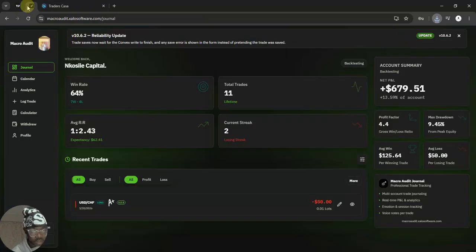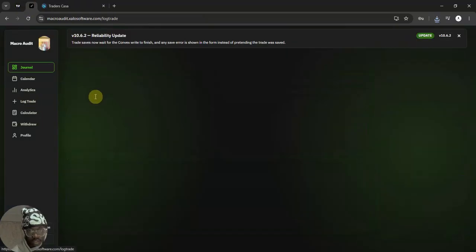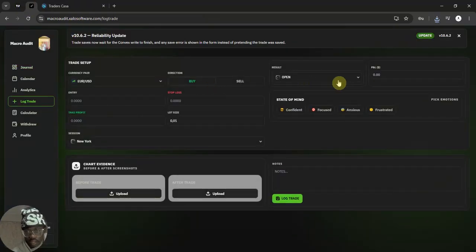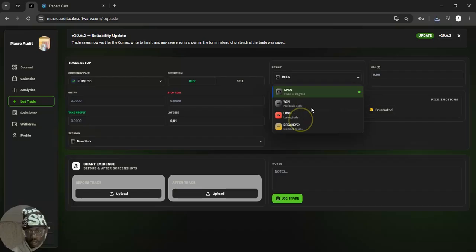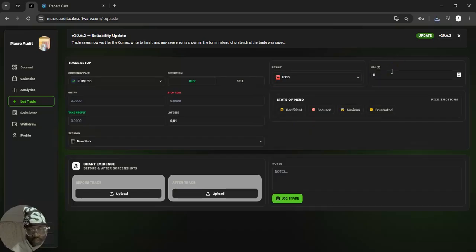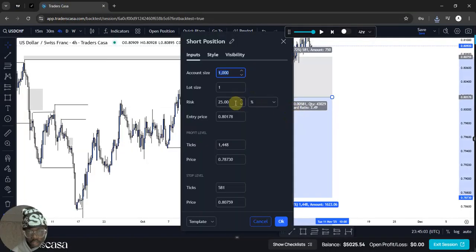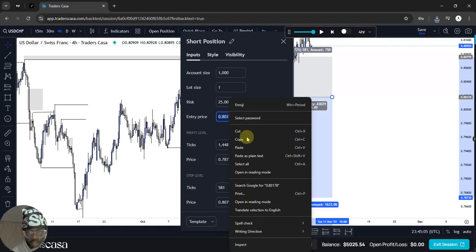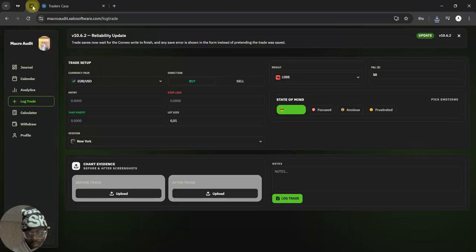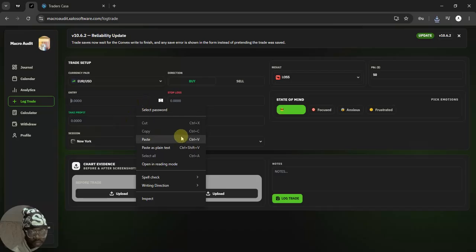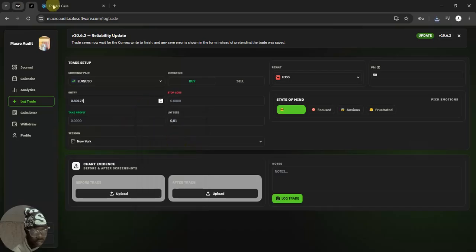So what I'm gonna do, I'm gonna channel again, log this trade as a loss again, minus 50, very confident. Then we're gonna put all the details real quickly before we end the video. Paste.